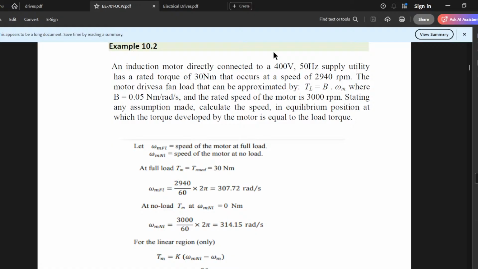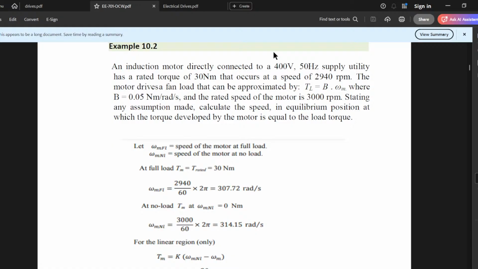Okay, so TL is 0.05 omega, and the synchronous speed of the motor is 3000 RPM. Stating an assumption made, calculate the speed at the equilibrium position, at which the torque developed by the motor is equal to the load torque.